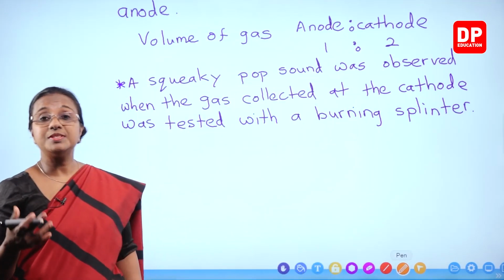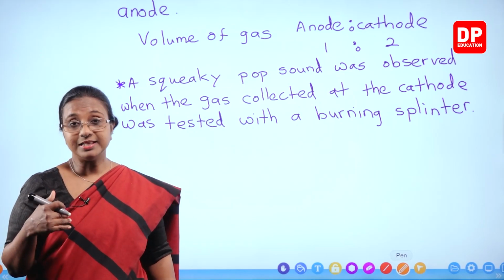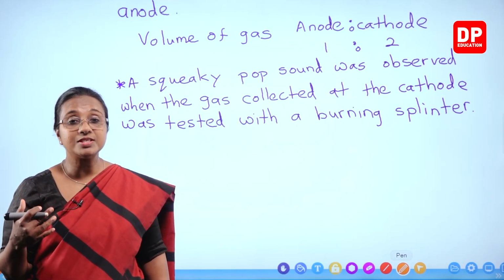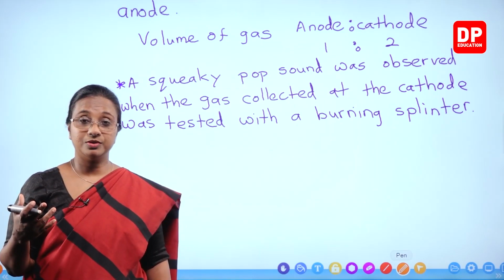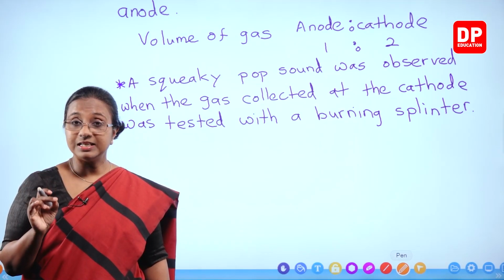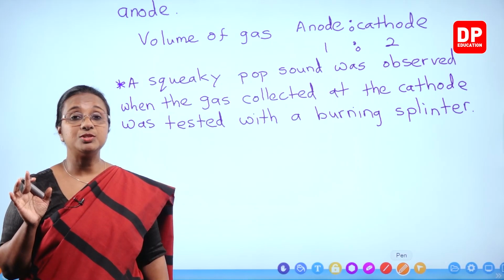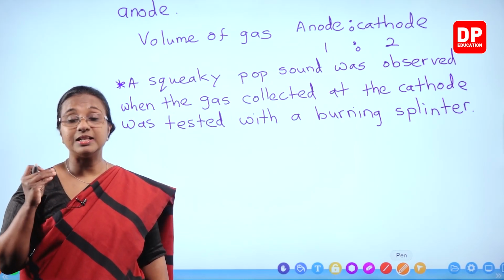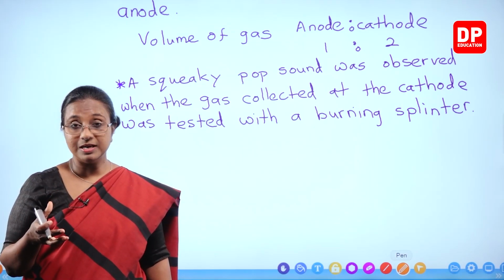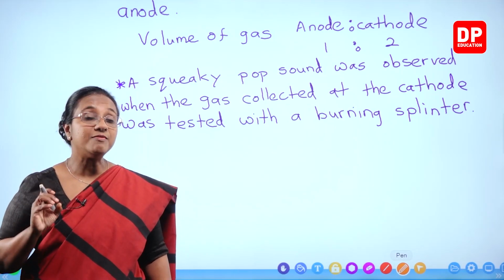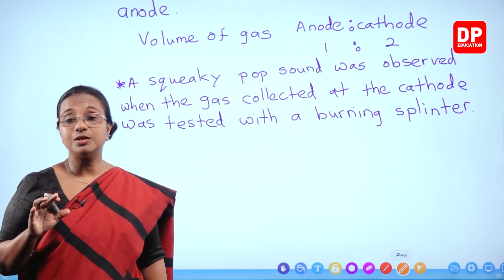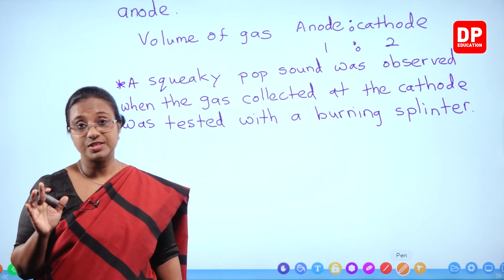Now, what did we observe with the other gas, the gas that was collected at the anode? We inserted a glowing splinter into it, and you were able to see that the glowing splinter relighted and burned well. So from that, we concluded that it was oxygen.